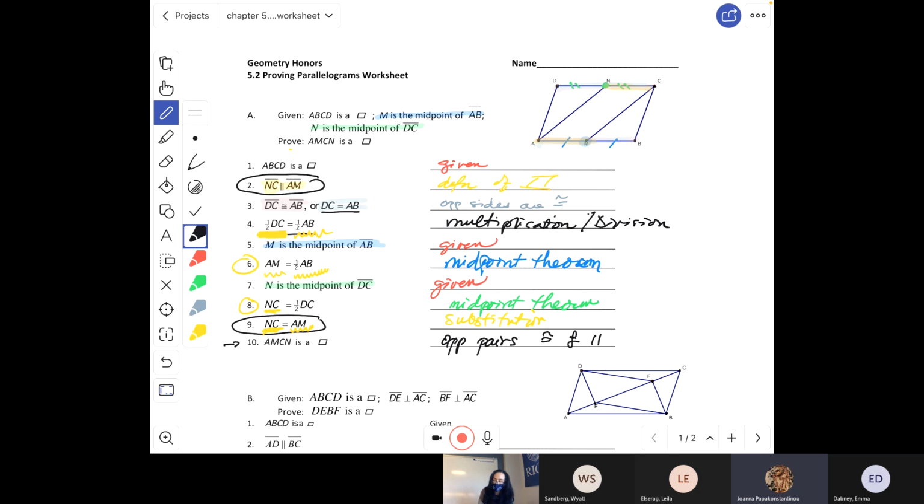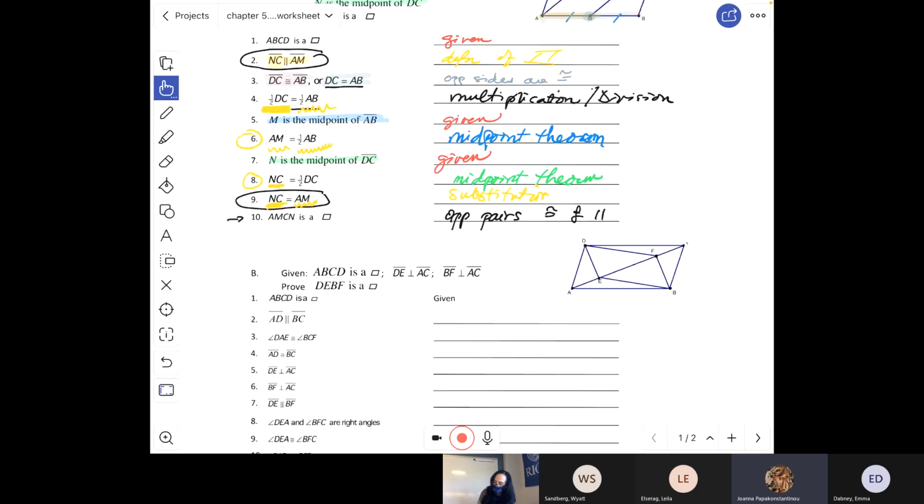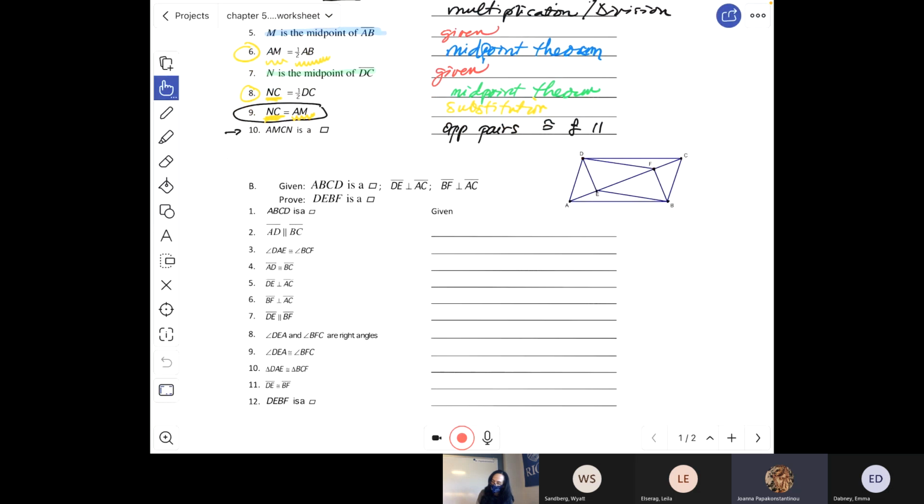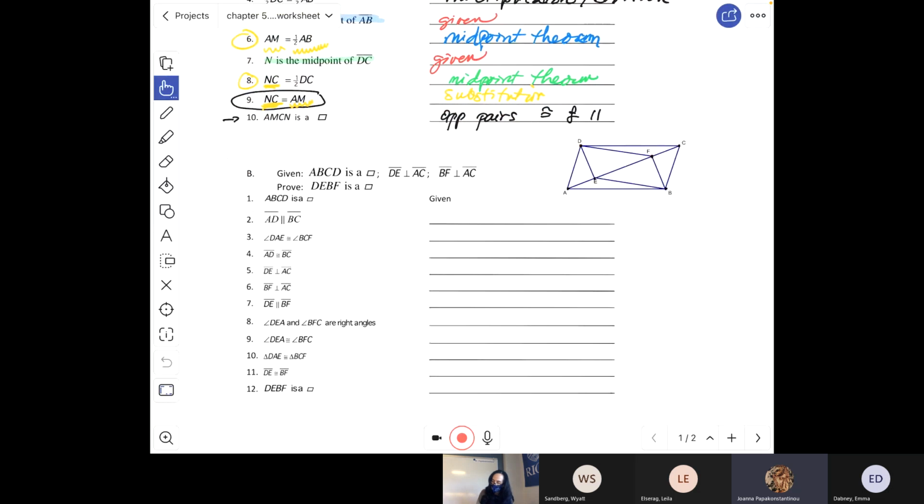You want to try the next one? Justification on the next one? I saw everybody labeling the givens first.